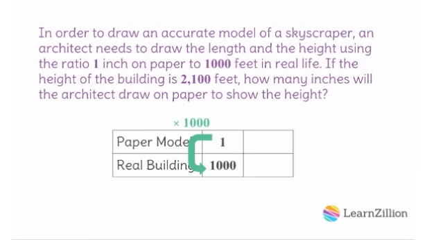The inverse, or the opposite, of multiplication times 1,000 is to divide by 1,000. So we can divide our height in real life, 2,100 feet, by 1,000 to determine how many inches the paper model will be. When I divide 2,100 by 1,000, this gets us to 2.1 inches that the architect should draw on paper.